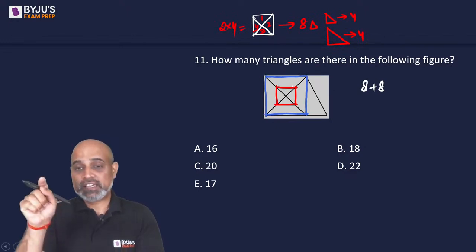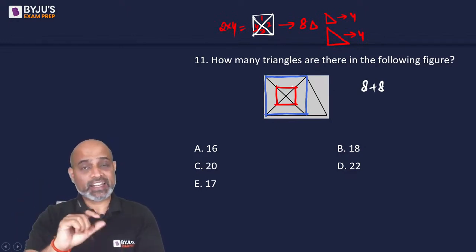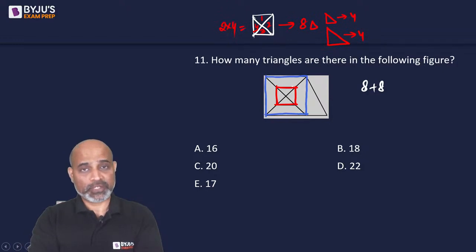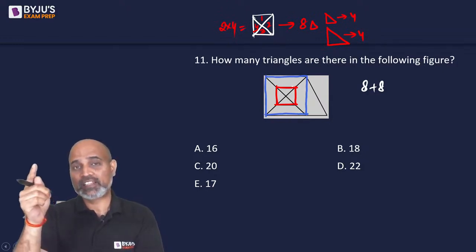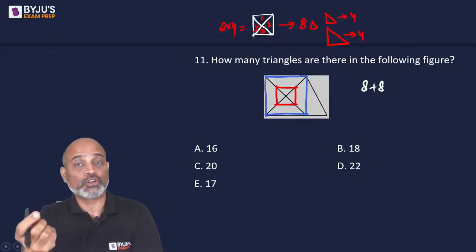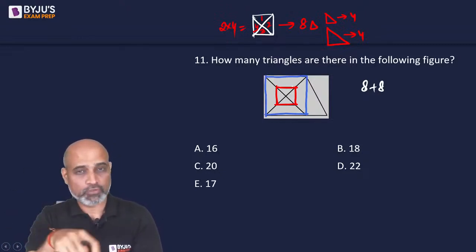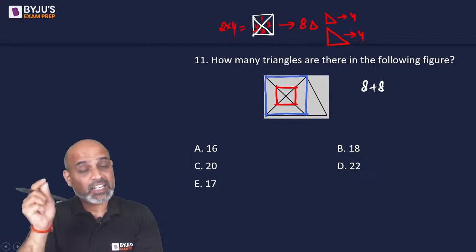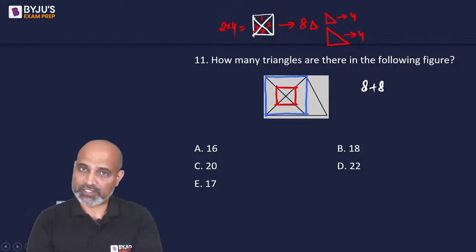Remember, the blue and the red together will not form a triangle. It's either going to be a triangle from the larger square, or the triangles that are going to be from the smaller square or red outline wala. Red and blue combination will not result in a triangle. Look into it. Okay.